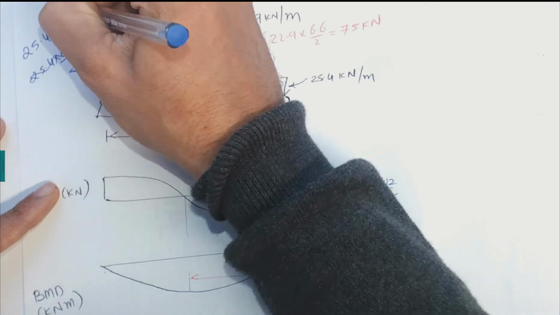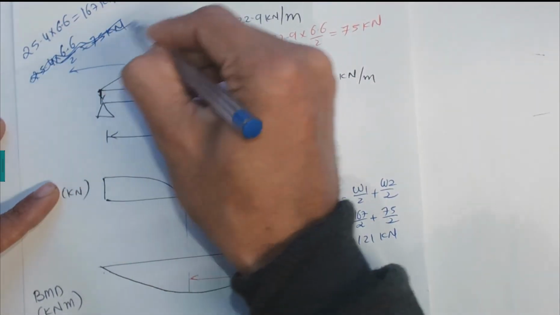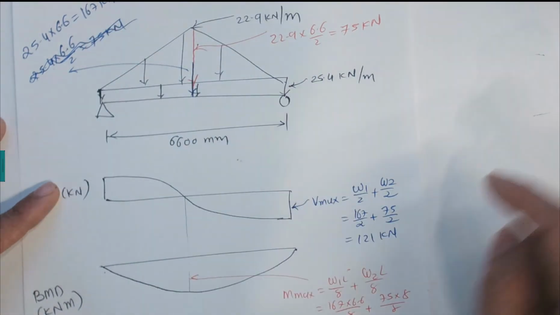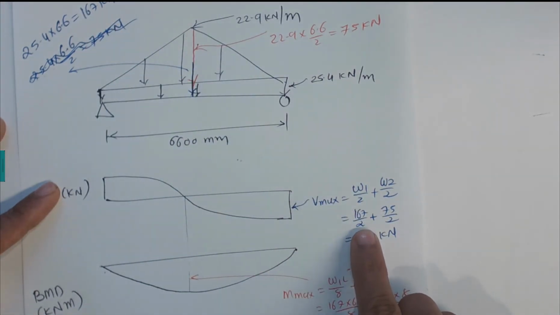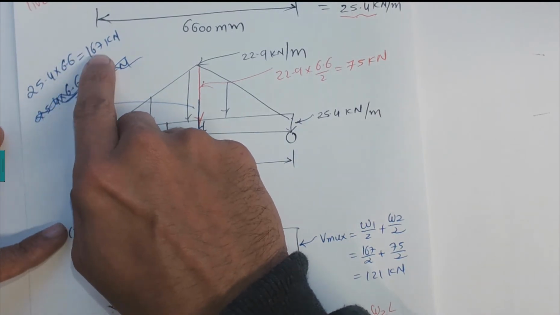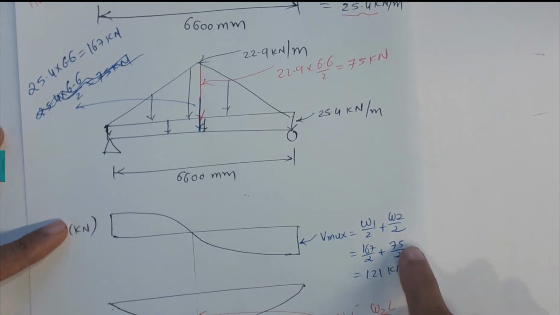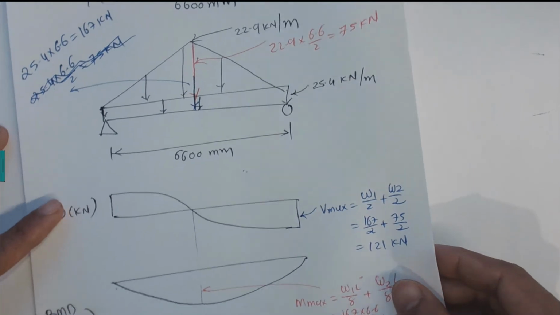There is a small correction here: 25.4 times 6.6 is 167 kilonewton. So 167 divided by 2 plus 75 divided by 2 gives 121.2.